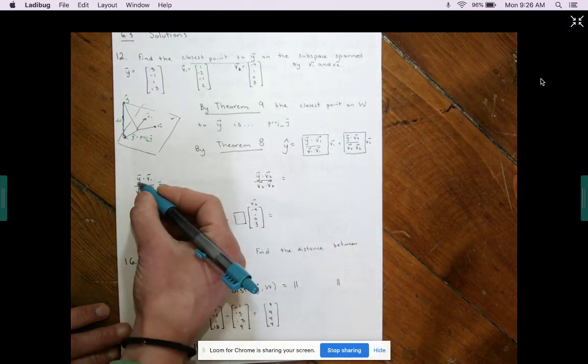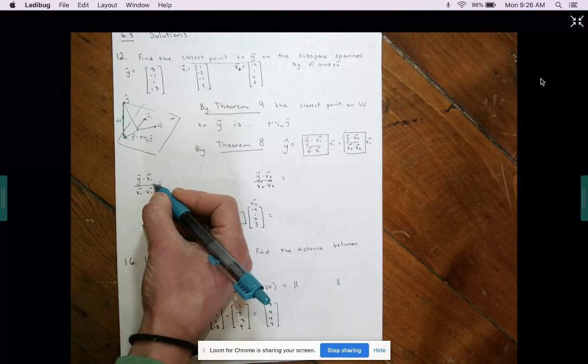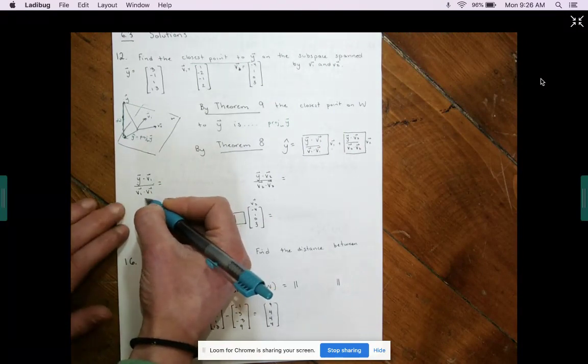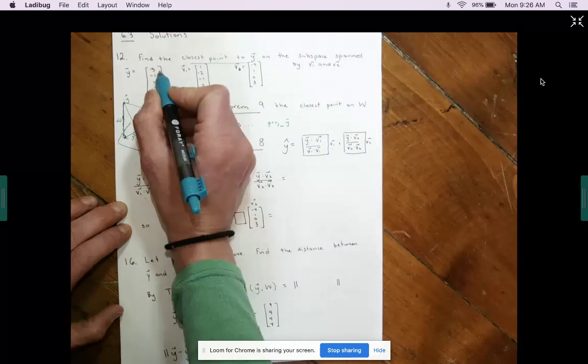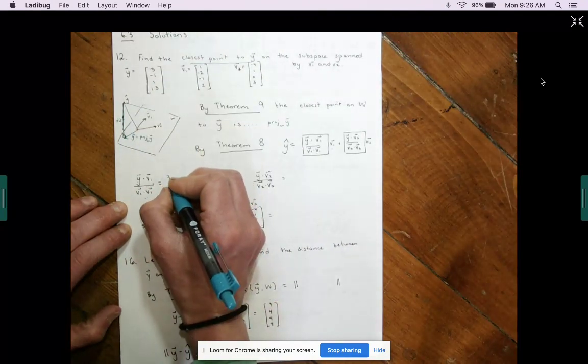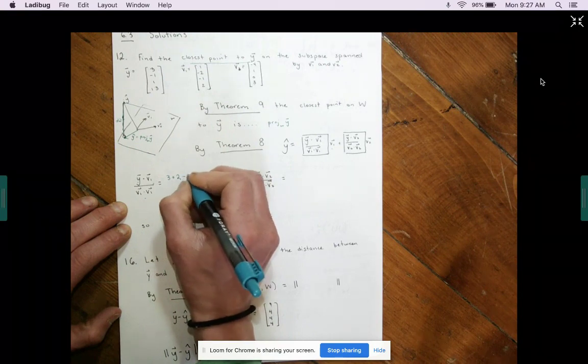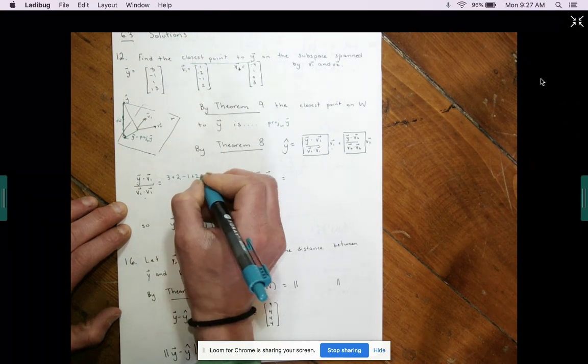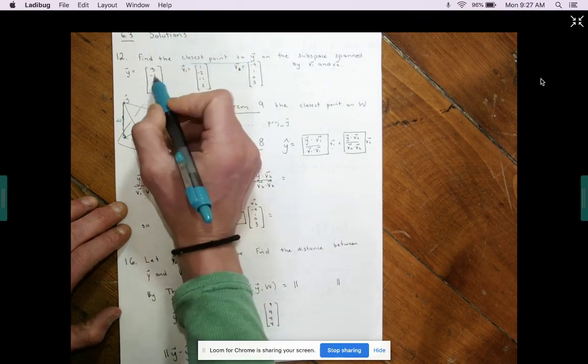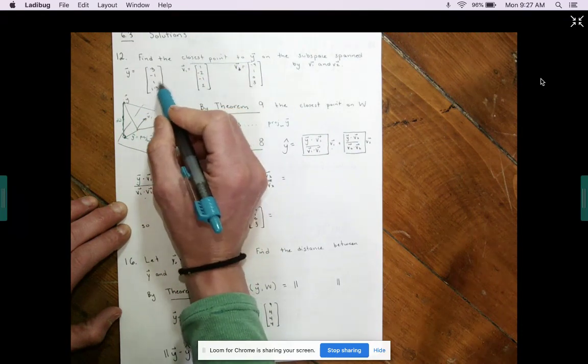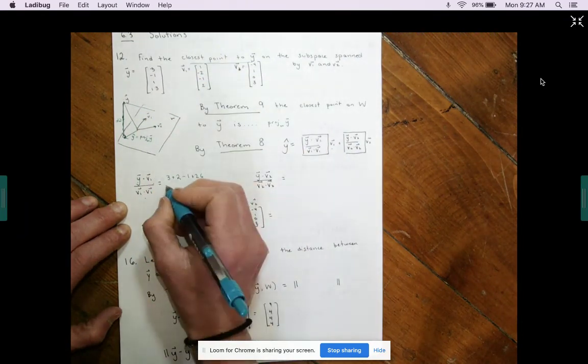So let's first compute y dotted with v1 and v1 dotted with v1. So y dot v1 is going to be 3 plus 2 minus 1 plus 26, because I did 3 times 1, negative 1 times negative 2, 1 times negative 1, and 13 times 2.